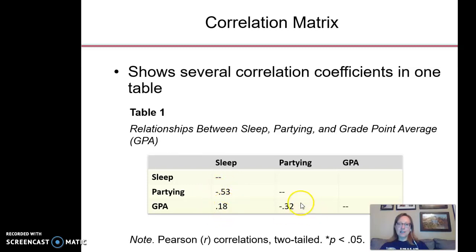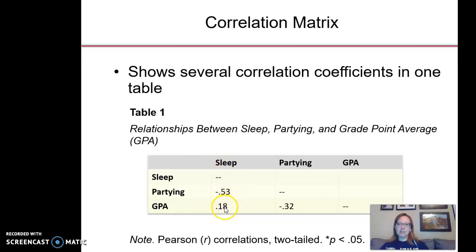This is one, and this is one. So here, we're seeing that there is a negative, large relationship between sleep and partying. When people tend to get less sleep, they're doing more partying. When they are partying less, they tend to get more sleep. This one shows a small positive correlation.